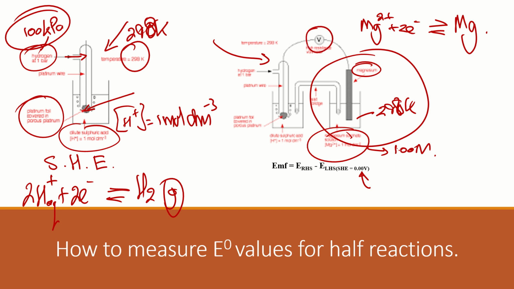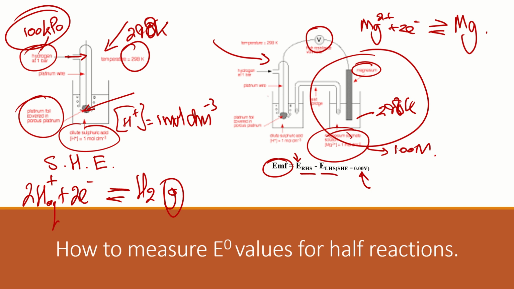Now, this EMF, sorry, the voltage generated on the right hand side, okay, is calculated by putting a high resistance voltmeter into the circuit, and that high resistance voltmeter works by taking the electrode potential of the right hand side cell, the magnesium, okay, and minusing the left hand side.